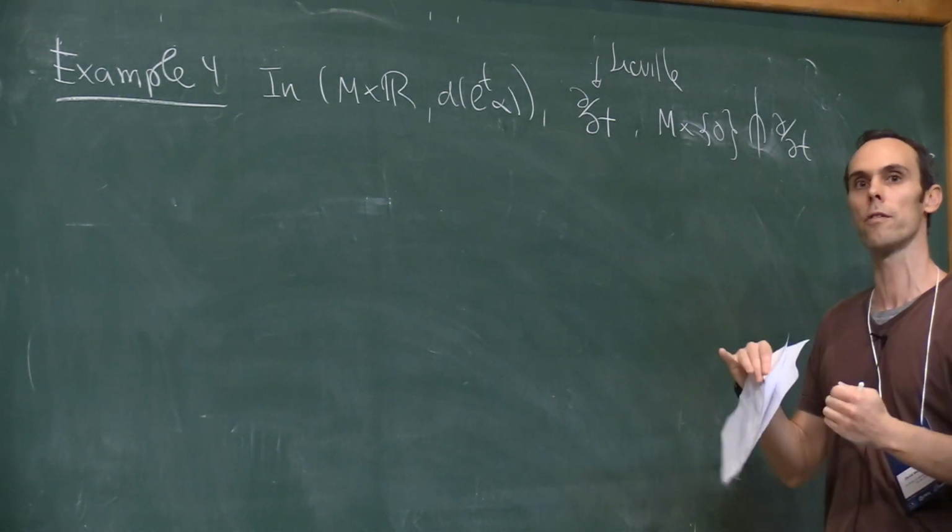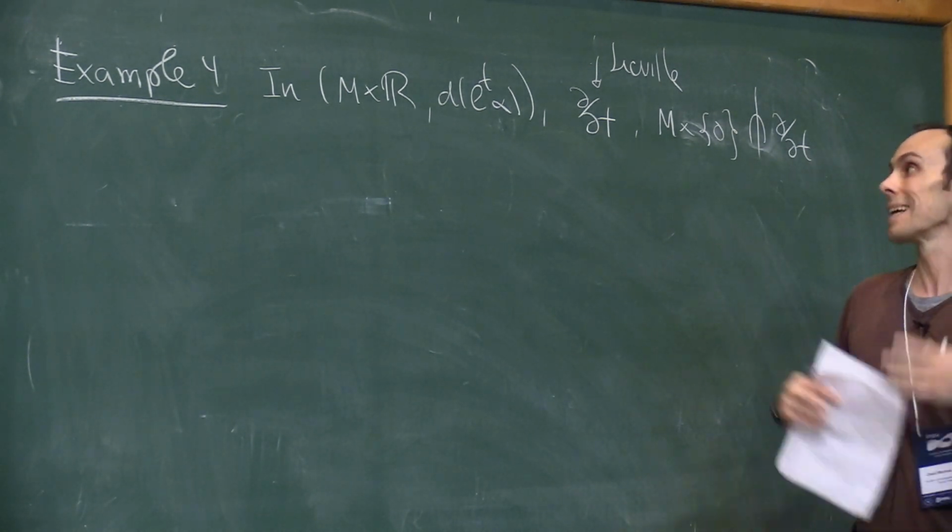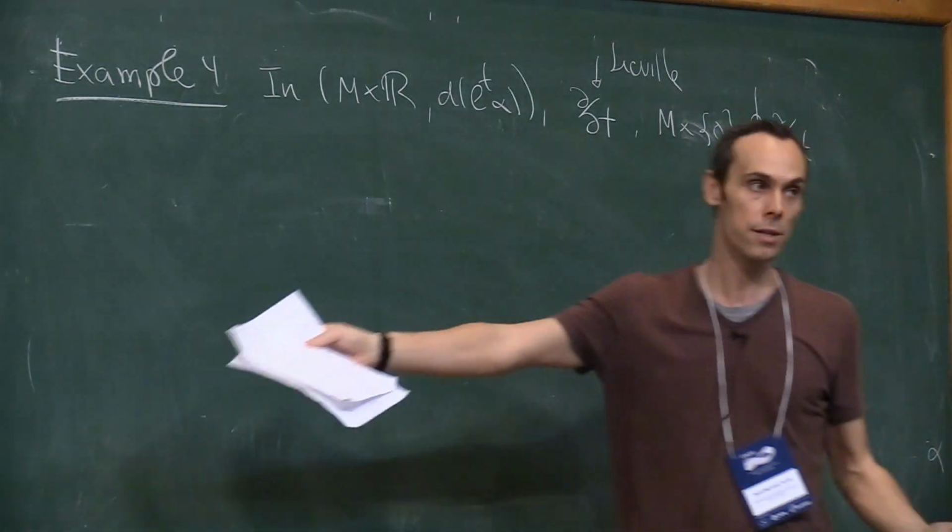So this is the way of, starting with a contact manifold, going to the symplectization, and going back to the contact manifold. But this going back does work in more general situations.